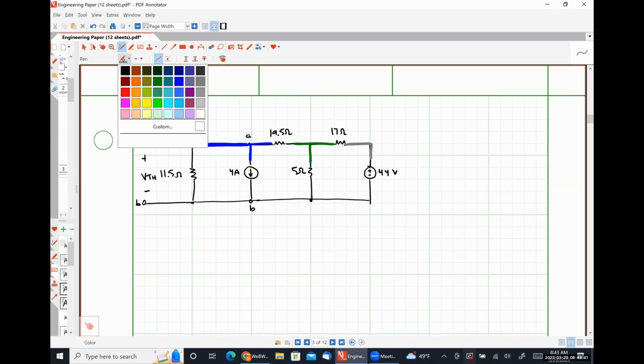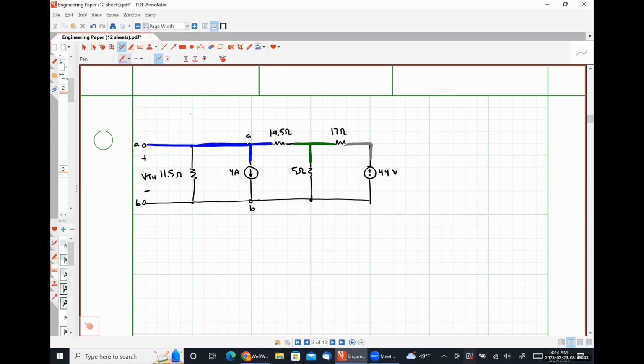Here's another node. Here's another node. Like so. Nick, since you made the suggestion, I'll give you first crack at defining where ground should be. The bottom, I agree.